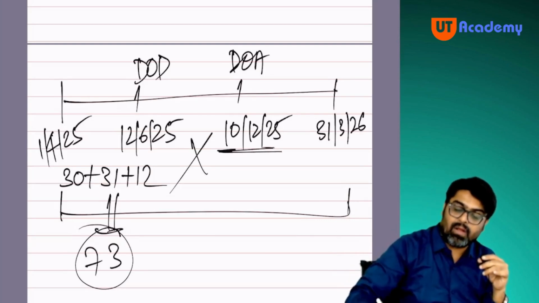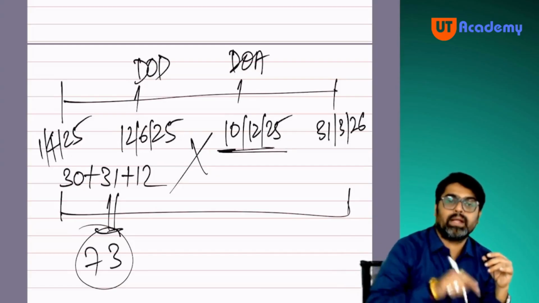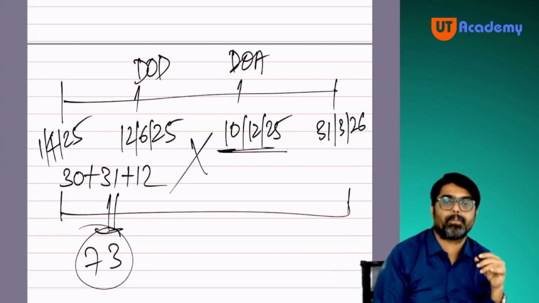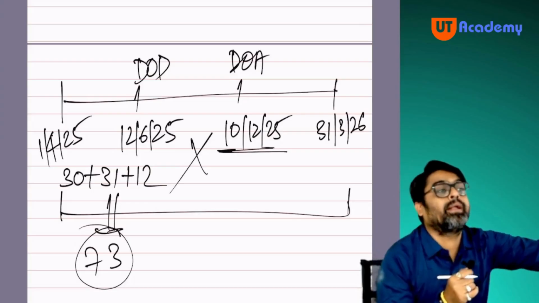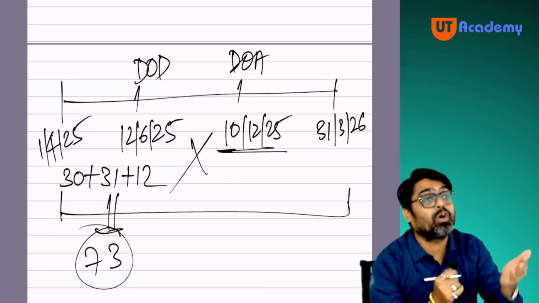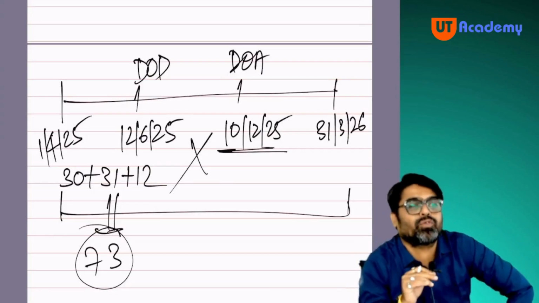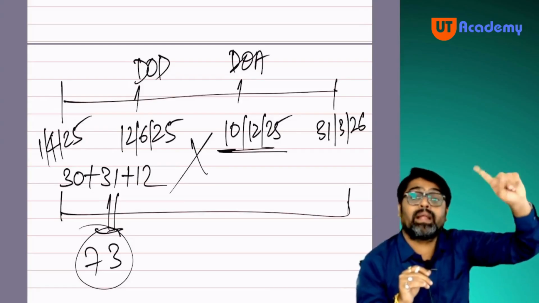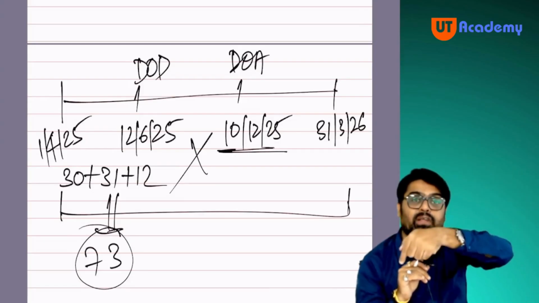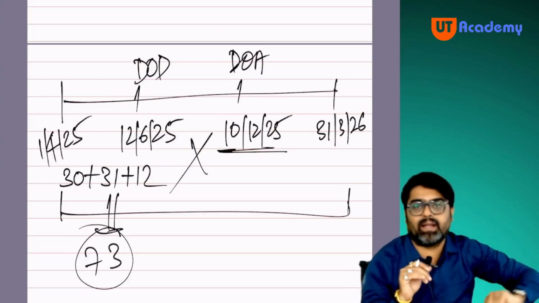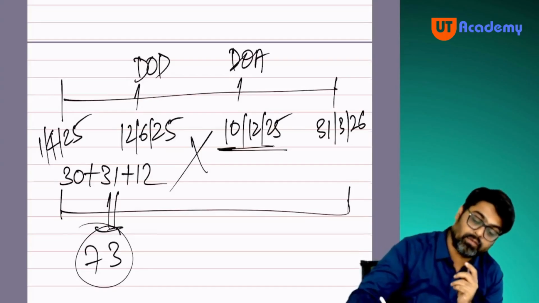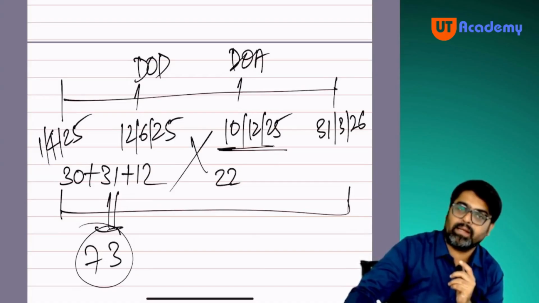Now you are arriving on what date? On 10th you are there in India or outside India? December has how many days? First 9 days you are not there in India, because from 10th you are there in India. So 31 minus 9, 22 days of December you are there in India.